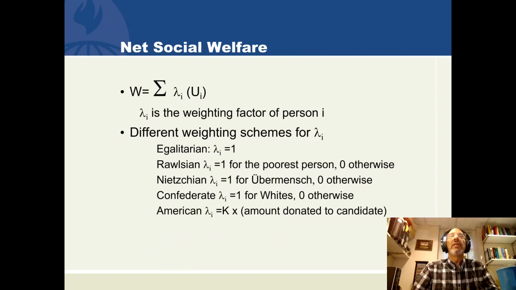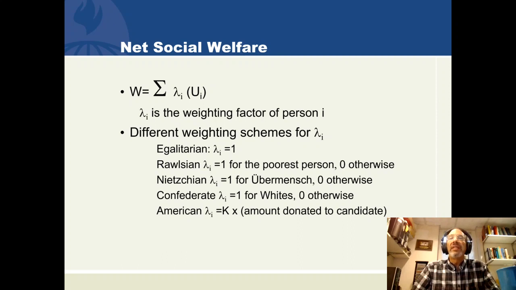So if we think about how to use these concepts, we can give a formula for social welfare as W equals the sum of weighted utilities. There's a weighting factor for each person, lambda sub i, and we multiply lambda sub i times u sub i in order to calculate the sum of all of the welfares.